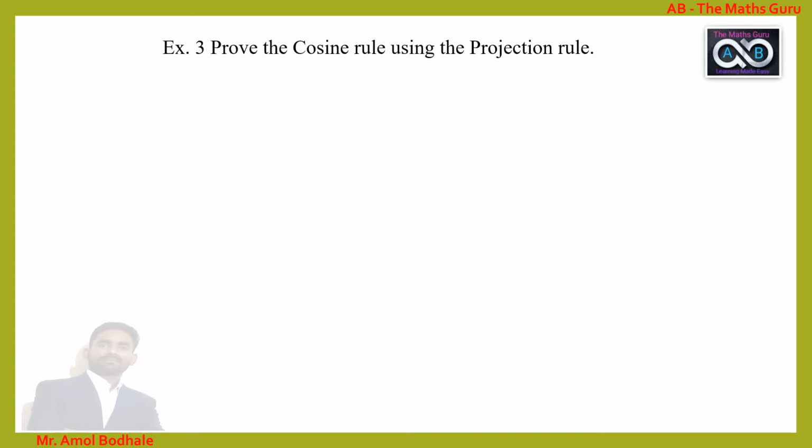Let's see the third example. Prove the cosine rule using the projection rule. So here we have to prove the cosine rule, that is a square equals b square plus c square minus 2bc cos A, and to prove this we have to use the projection rule.